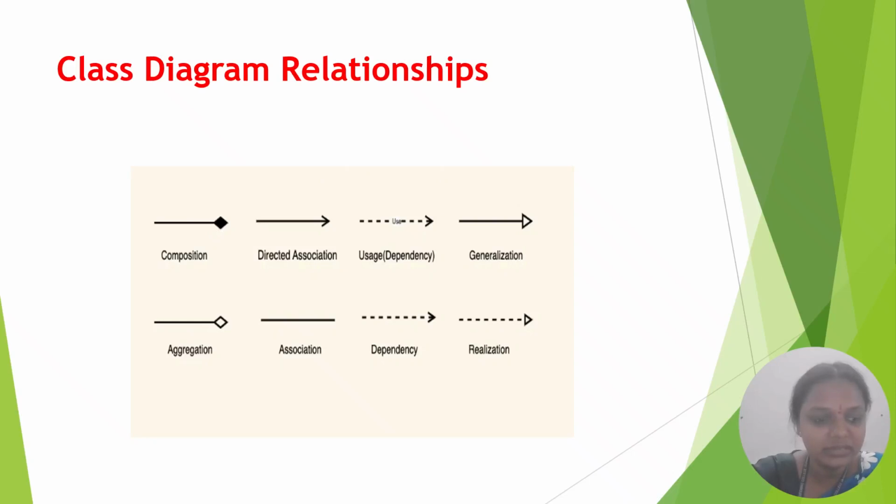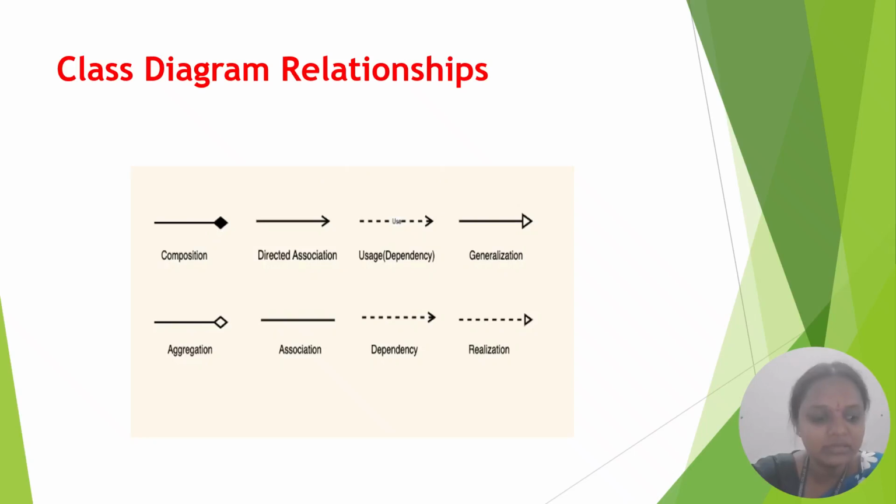Fourth one is generalization. Generalization is also called inheritance. It shows an is-a relationship between two classes. Next is aggregation. Aggregation is a specialized form of association that represents a whole-part relationship.